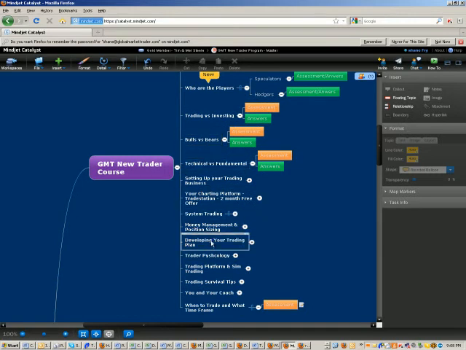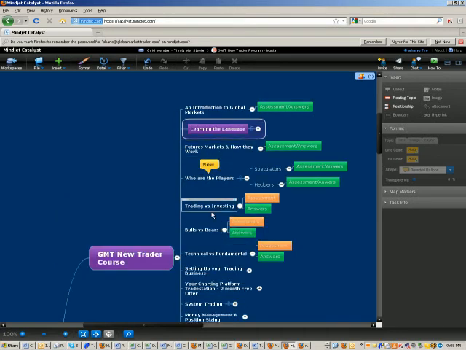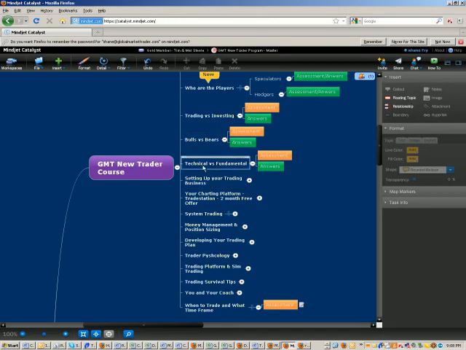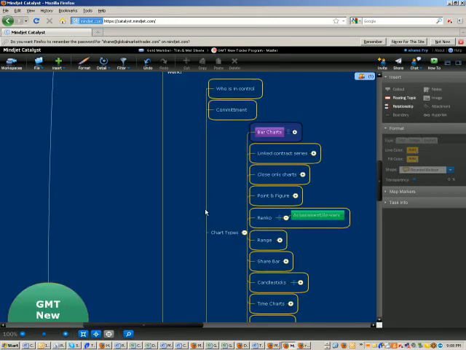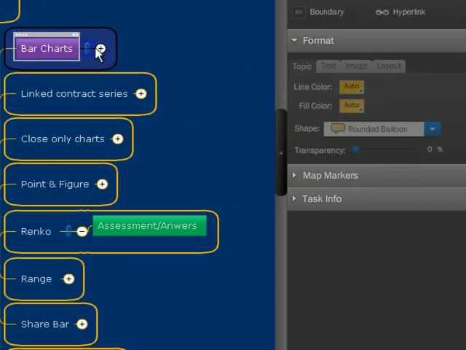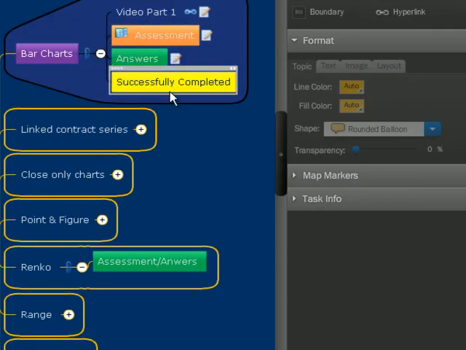So tonight, rather than starting with the initial topics here, we did discuss a little bit on the bulls and the bears. I want to continue on with getting through the charts. We've done bar charts, so that's already been done.